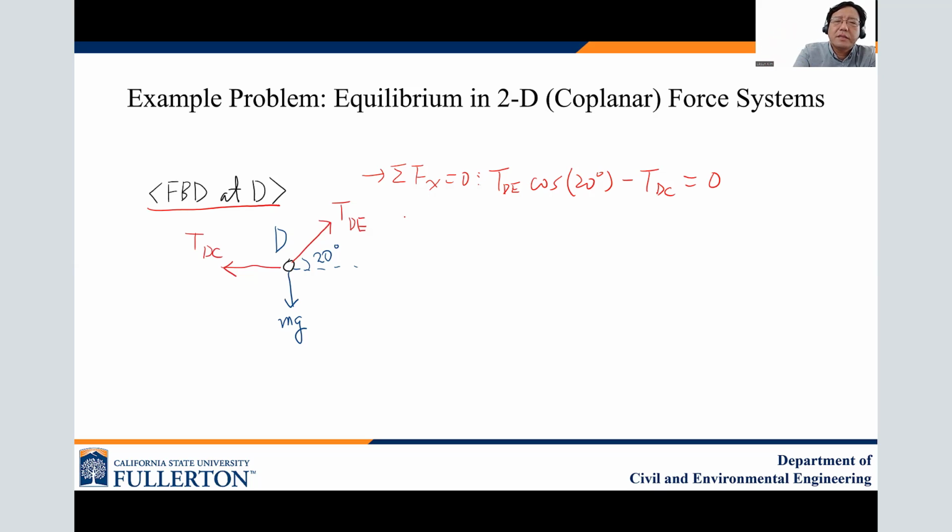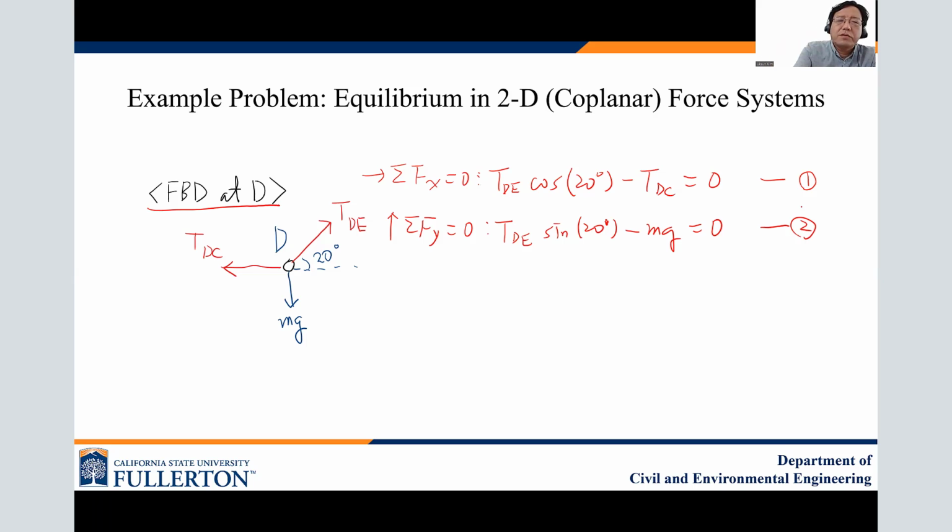And then sigma Fy equals 0: TDE sine 20 degrees minus mg equals 0. So there is equation 1 and there is equation 2.